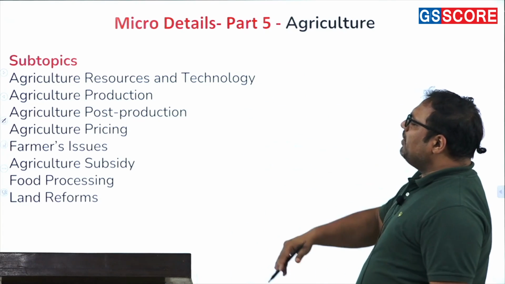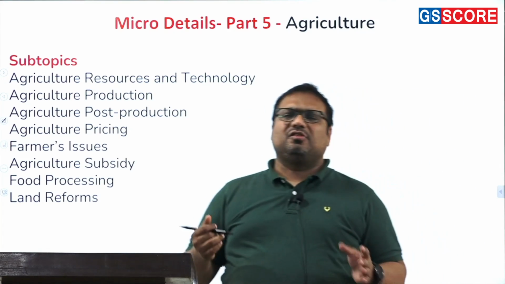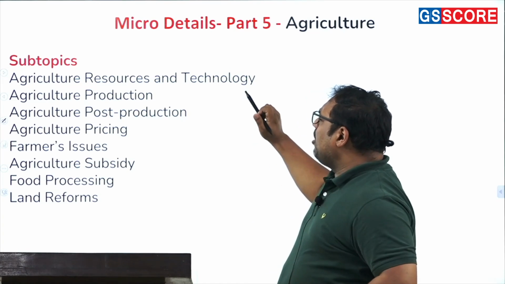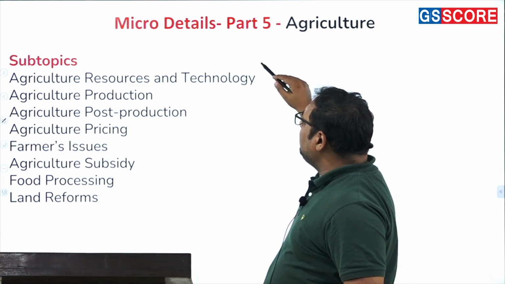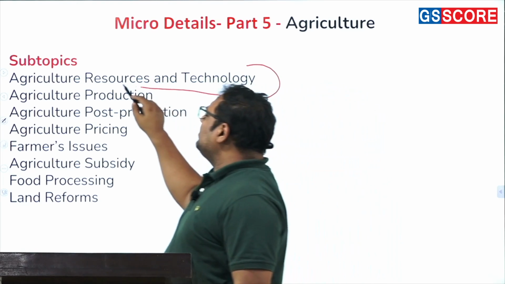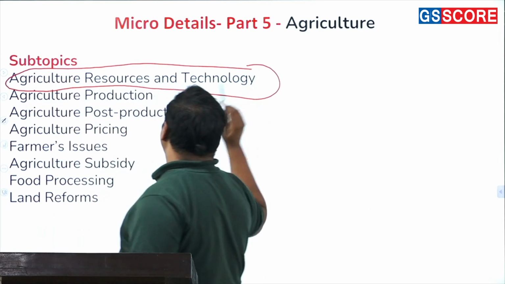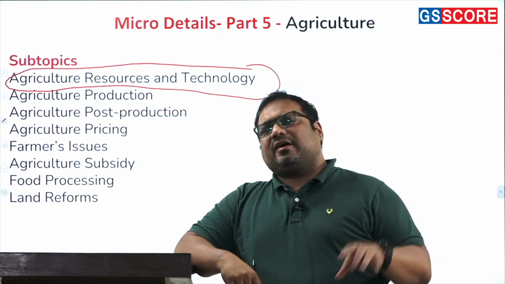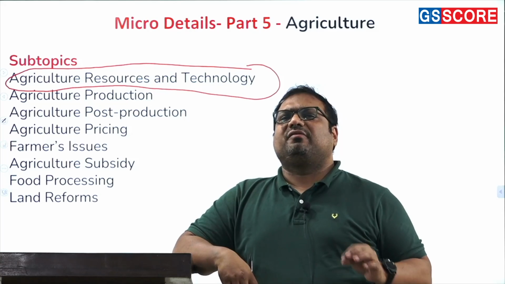If we do a broader division of agriculture, we can divide it into the following 7-8 topics. The first thing that we need to study is agriculture resources and technology in India. What resources India has and what technology we have, you should have a fair idea.